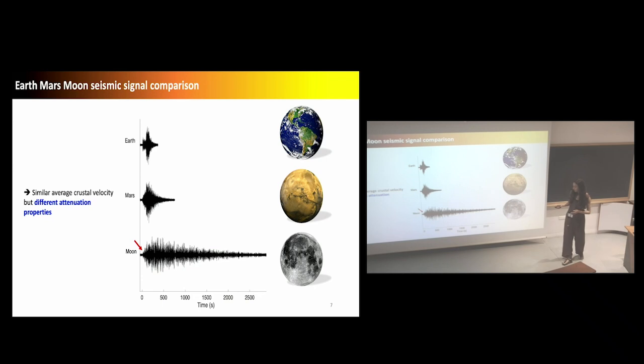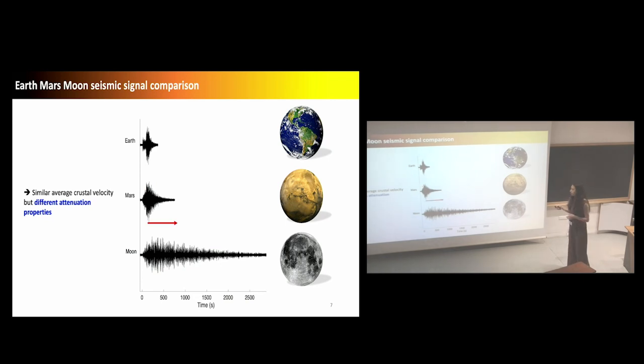And the duration also is very long, because it can go to more than 2 hours. On Mars, we have something between the 2 telluric objects. So we observe the first arrival here, P. We also observe the S, that you can see here, and the coda duration is a little bit shorter.